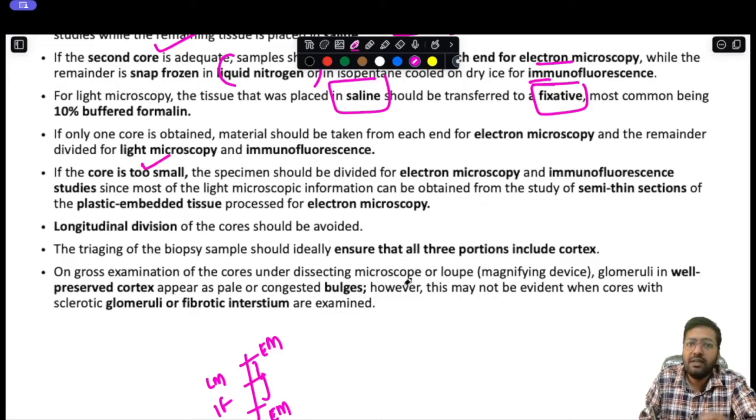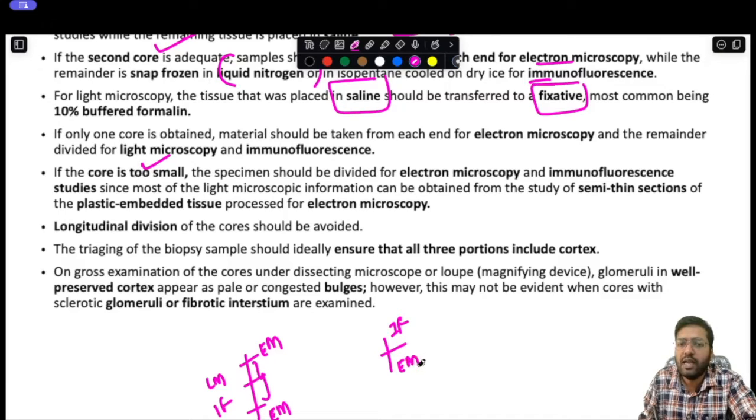Now suppose only a very small core is there, like 0.5 or 0.6 centimeters in maximum length. In that situation, you do not need to give for light microscopy. Just divide it from the middle. One part should be for immunofluorescence, another part for electron microscopy. Why is it so?